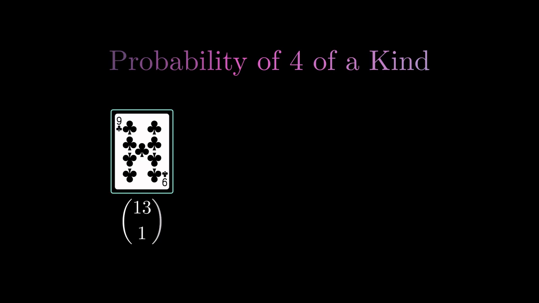So we're going to choose one of those, and that's going to be our 4 of a kind. Okay. So from 13, we're going to choose one. All right. So in this case, we've chosen 9. So we're going to have 4 9s.